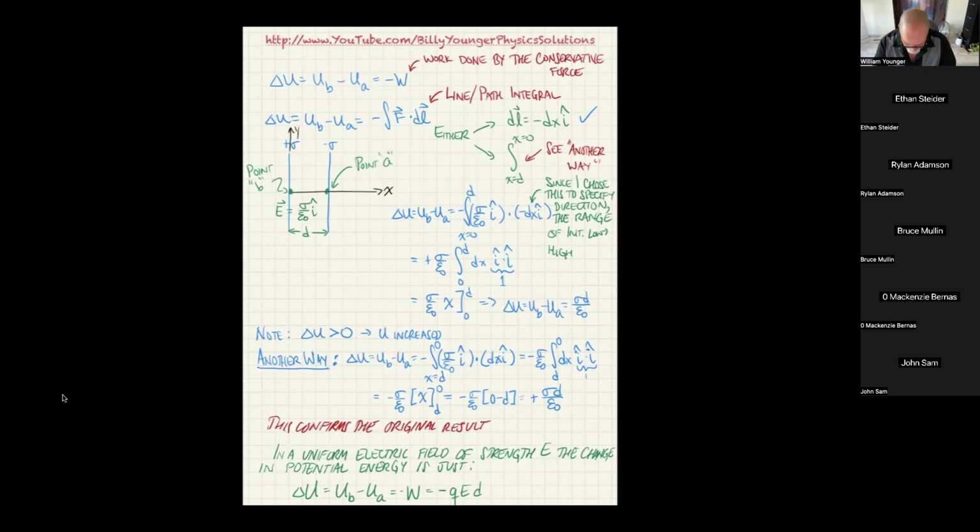Or you could just think of it as we integrated F, which equals the, ooh, maybe that's the problem. That's what I did. Okay, this still works, but really what I just did was calculate the electric field. God, that was a really bad mistake.